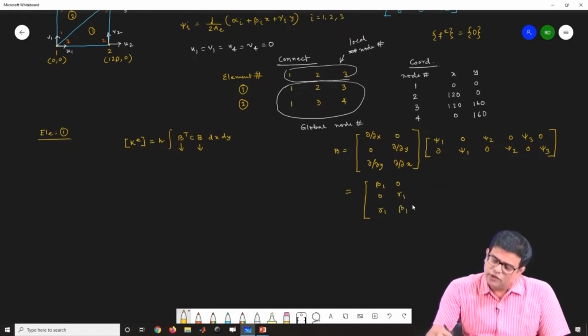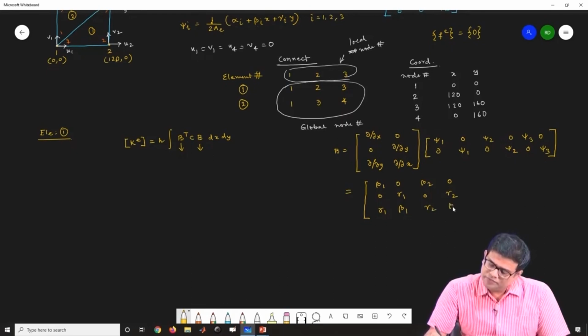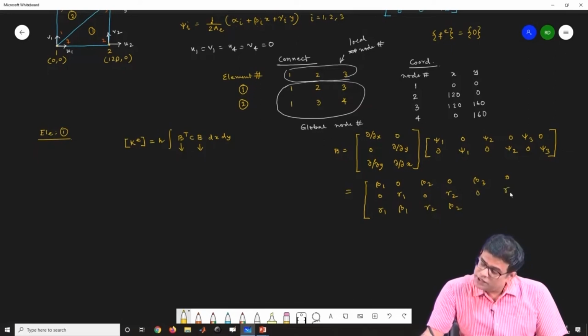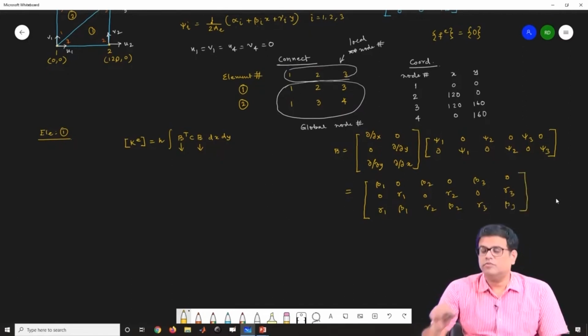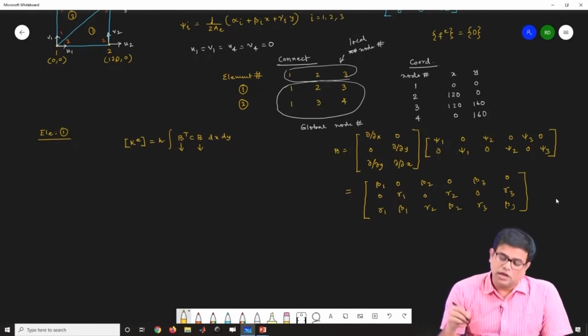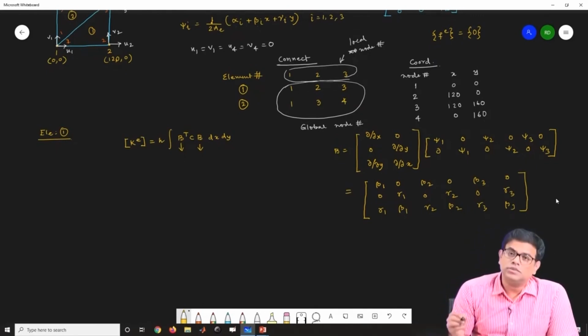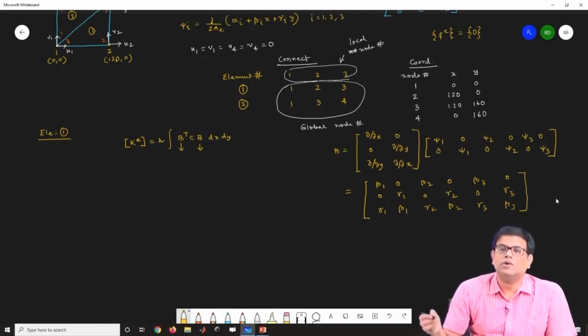Like this you will have for all these submatrices: beta 2, 0, 0, gamma 2, then gamma 2, beta 2; then beta 3, 0, 0, gamma 3, then gamma 3, beta 3. So this is your B matrix.